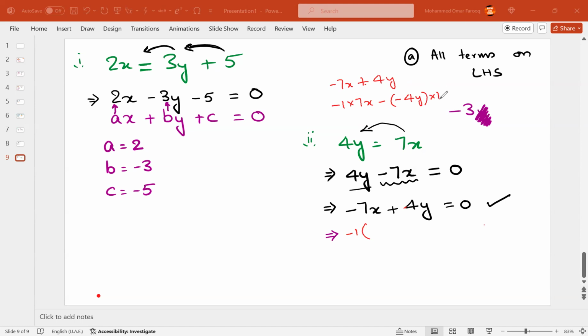So when I take -1 common, what is left is 7x minus 4y is equal to 0. And when I transpose the -1 to that side, 7x minus 4y is equal to 0 divided by -1. 0 divided by -1 is 0. So this is one way.